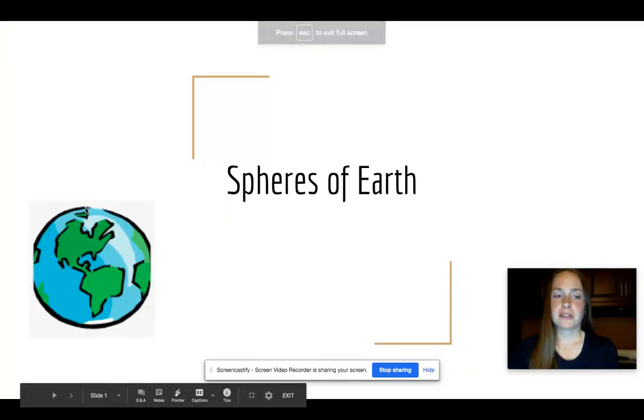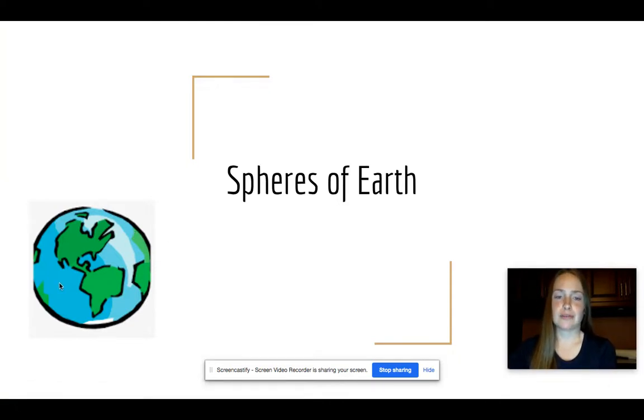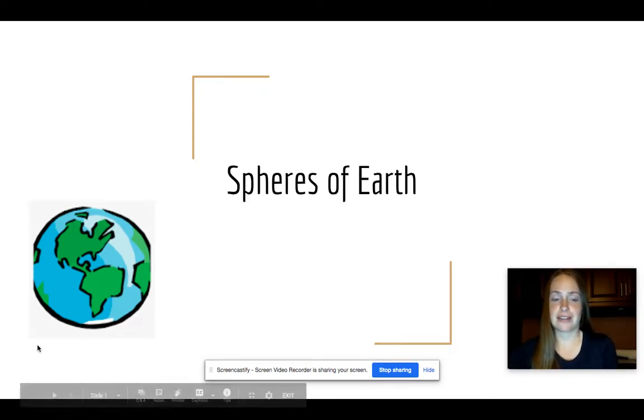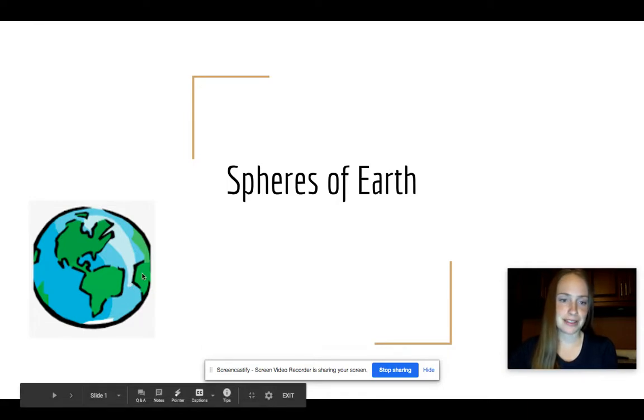So if we were to look at this Earth from space, it would just look like a little blue dot. But as we get closer to it, there are a few major things that we would notice first. So here we have the green, which is the land. Then we have the ocean, or all the water. And then we have ice and a thin layer of gases around the Earth, with the clouds swirling around in it.